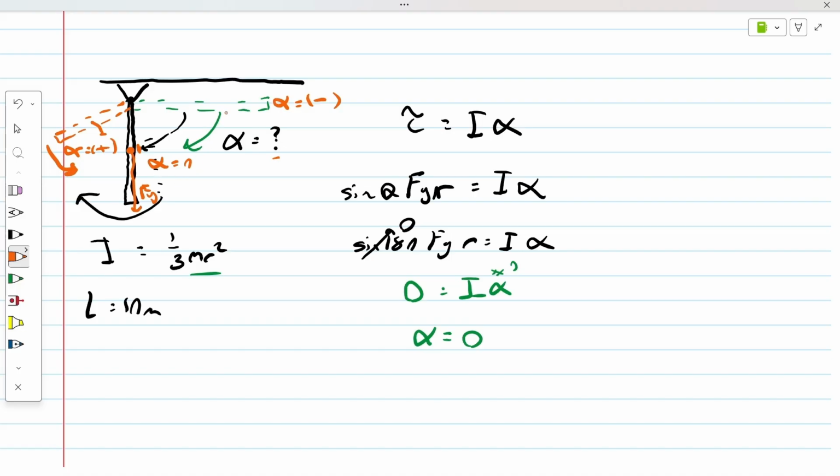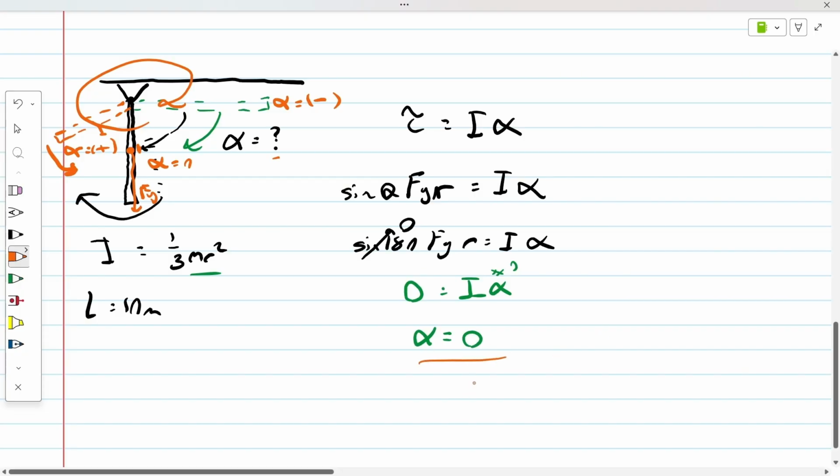And which makes sense because if it was constant, it would just start swinging around this pivot at a constant rate. But we know that doesn't happen, obviously, if you were to drop it, because gravity is now going to be affecting it in the opposite direction in terms of rotation, even though the force due to gravity is obviously not changing its direction. Just where it is relative to the pivot changes, and that's why your angular acceleration is going to change. And so that's why it's 0 in this case.